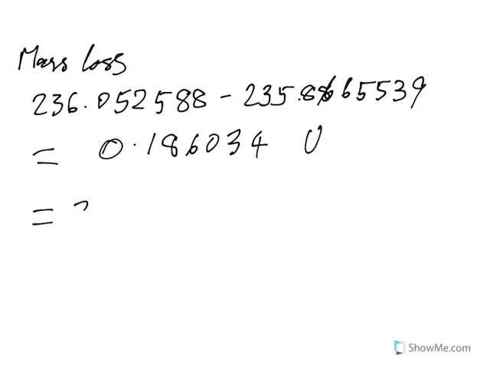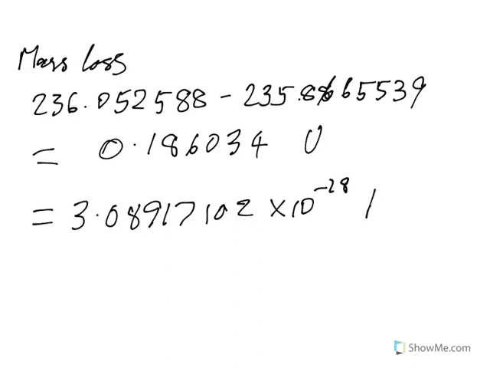And now when you convert that, and in the notes on the website is the calculation showing you what I've done, you get 3.089171102 by 10 to the negative 28 kilograms, which is not much.